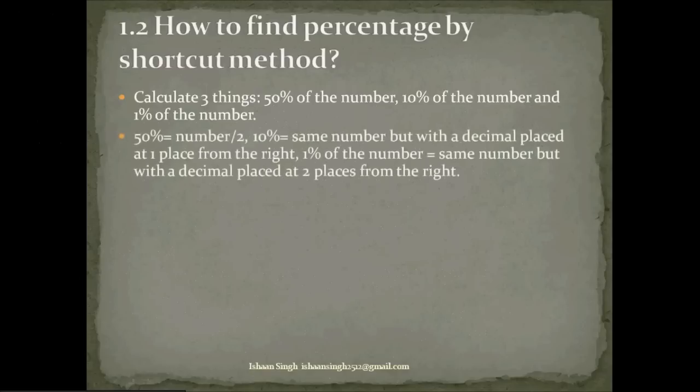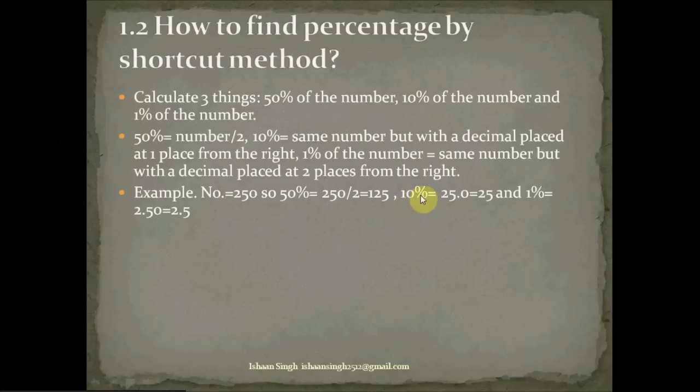So 50% of the number is equal to the number divided by 2. 10% of the number is equal to the same number but with a decimal placed one place from the right. 1% of the number is equal to the same number but with a decimal placed two places from the right. What I mean is, suppose the number is 250, so 50% of 250 is equal to 250 by 2 is equal to 125.